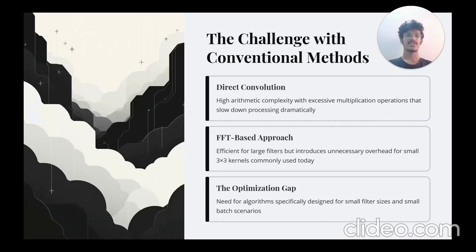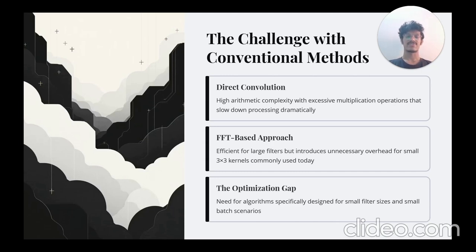The challenge with conventional methods is that if you do direct convolution, with 784 pixel values and direct multiplication with those kernels, there's going to be a huge number of multiplications, and that multiplication cost itself is going to take a lot of time. So direct convolution has the complexity of excessive multiplication operations, which slows down the processing time dramatically.